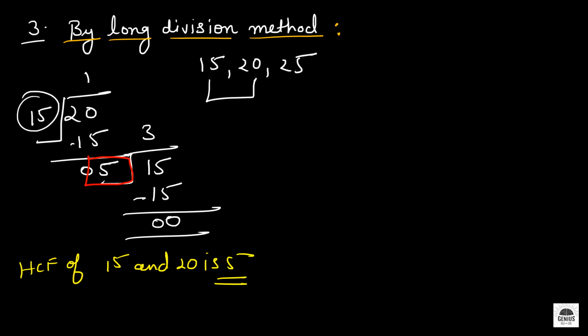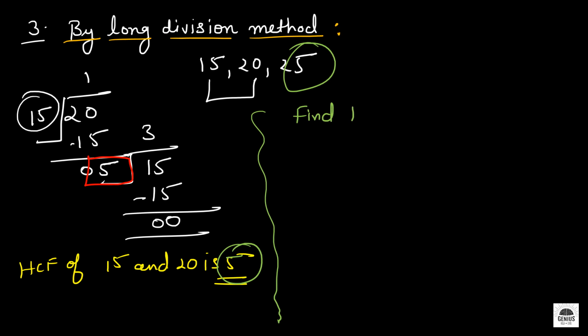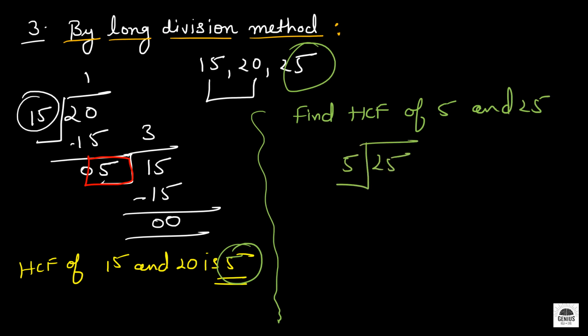Now the second step is we will find the HCF of 5 and 25. Again we will divide these numbers. So 25 by 5. 5 fives are 25.